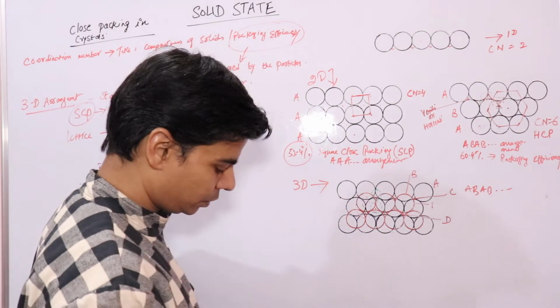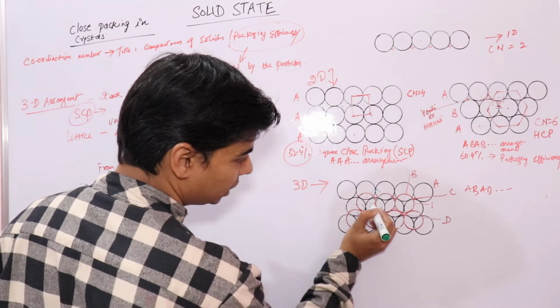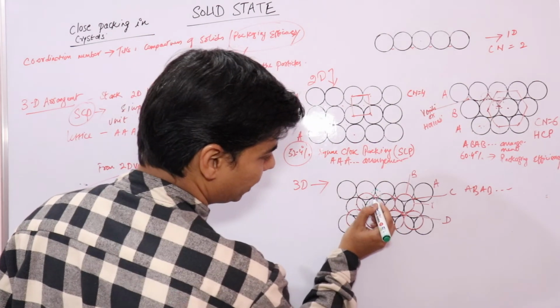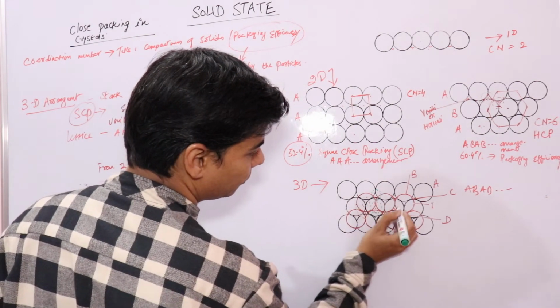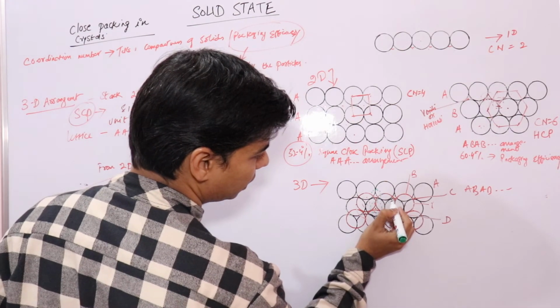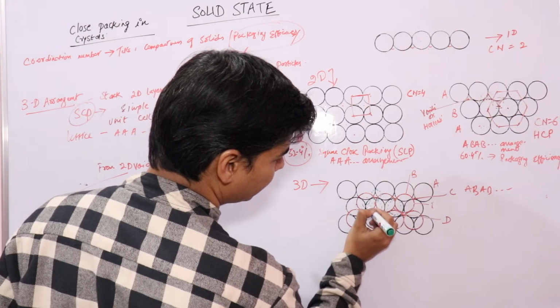So what we will do now is, if we put the spheres onto these voids which are the voids in the second layer, the sphere will coincide with the first layer. If I am putting the spheres onto this void, the spheres are coinciding with the first layer.